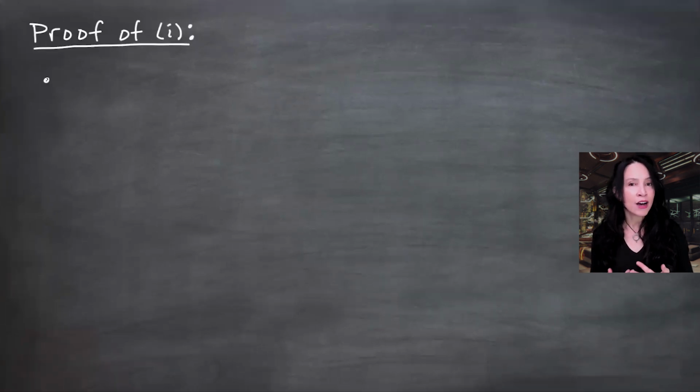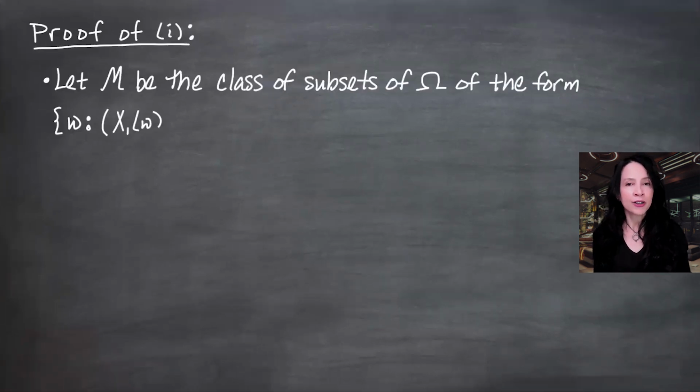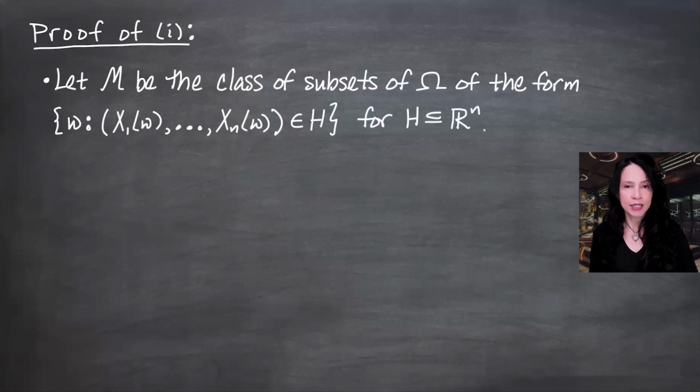The proof of part I. In part I, I claimed that the sets in the sigma field generated by X1 through Xn had a certain form. So the first thing I'm going to do is define a class of sets of that form. I'm going to let curly M be all subsets of omega of the form: the omegas for which (X1 of omega through Xn of omega) is in a subset H of Rn, for any H in Rn.